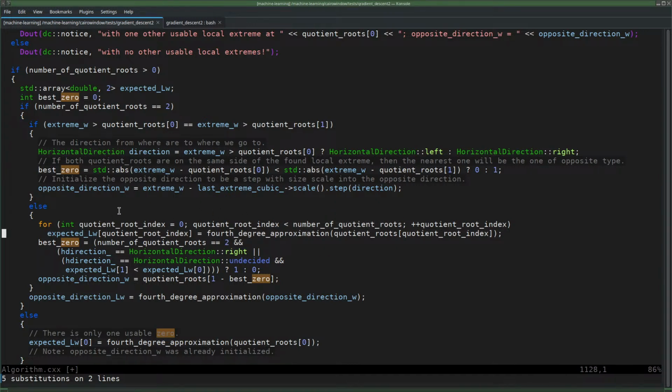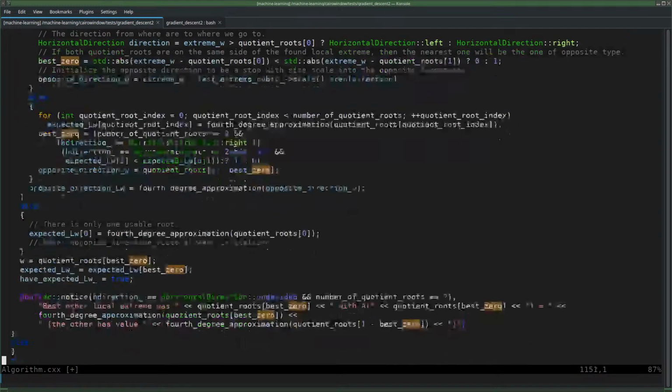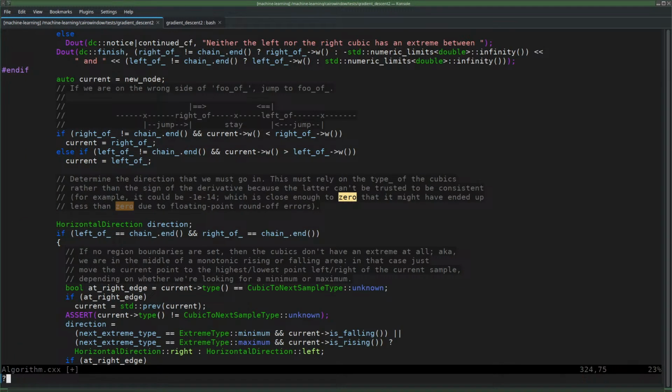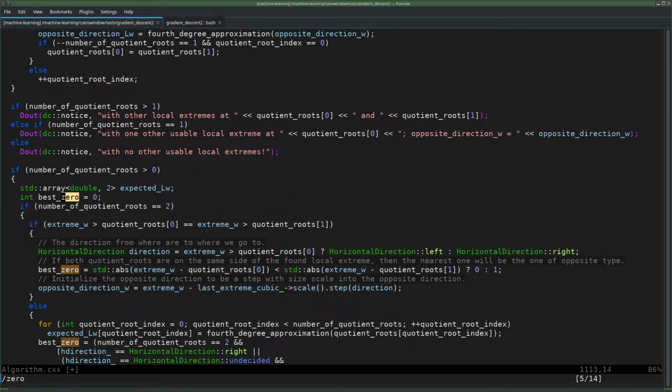So if I use quotient root index there, then I have to use it here as well. And then we have best 0 left. That's also an index.